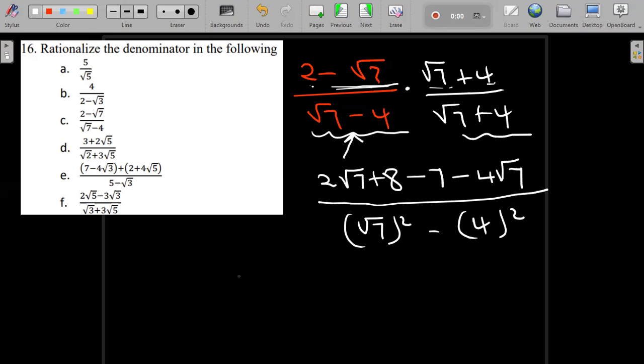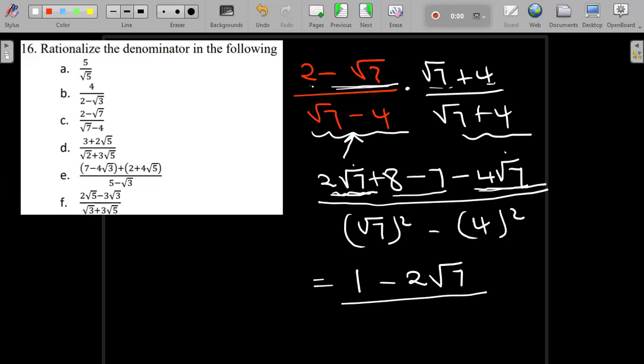So on top there, we can simplify what we have. So we have 2 root of 7, and then here we have minus 4 root of 7. So since we have the same surd there, we can combine those two, okay? So the ones in the middle will be 8 minus 7. That will give me 1. And then 2 minus 4 root of 7 is going to give me minus 2 root of 7.